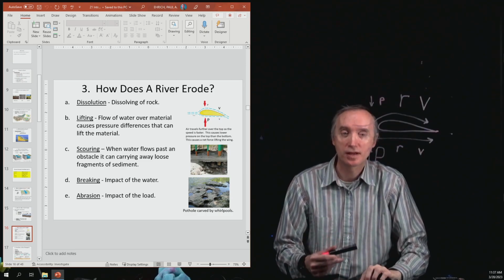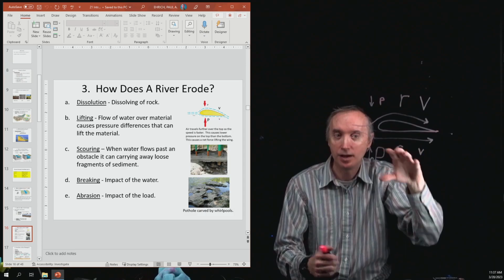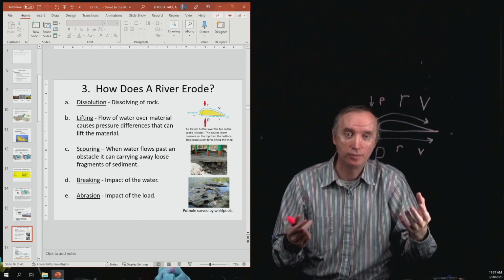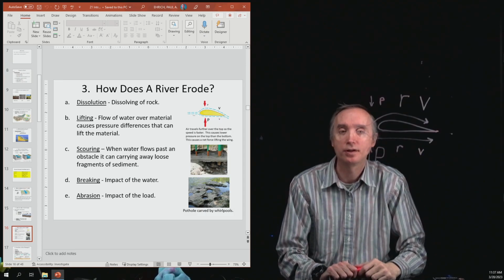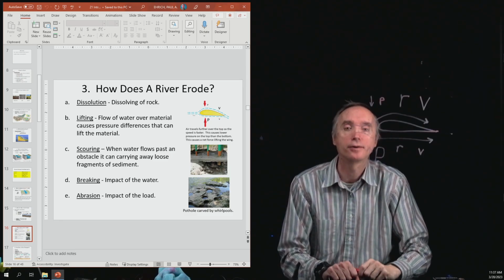But scouring is when water flows around any kind of obstacle, so it could be a rock, and then it's going to carry away loose material that is around that rock.